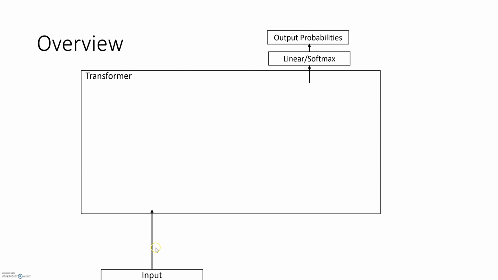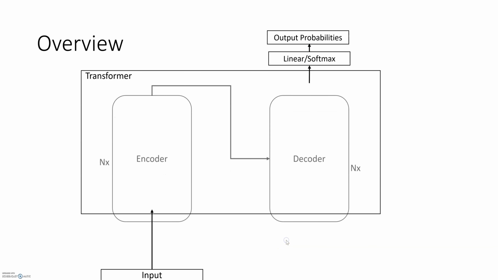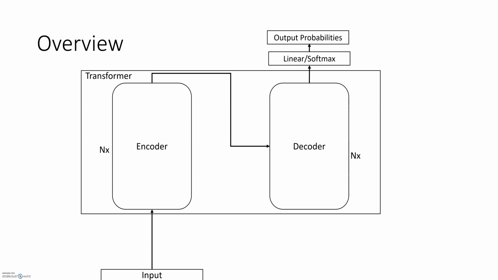So we will give it an English sentence, and then we expect the transformer model to give us a translation in French. Now, what is inside this box? So inside this box is an encoder and decoder. The transformer is a deep learning model that is based on an encoder and decoder architecture.